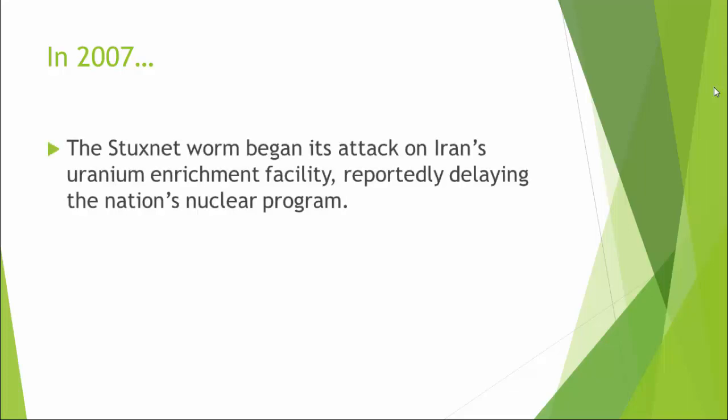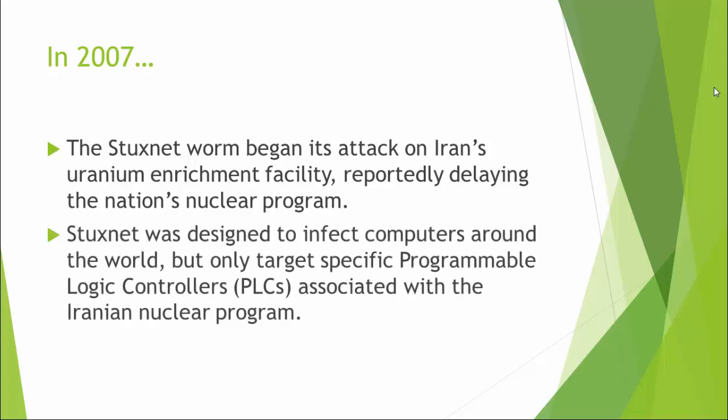So in 2007, the Stuxnet worm began its attack on Iran's uranium enrichment facility and, by most accounts, delayed that nation's nuclear program for a considerable amount of time. Stuxnet was amazing because it infected computers all around the world and still continues to do so today.